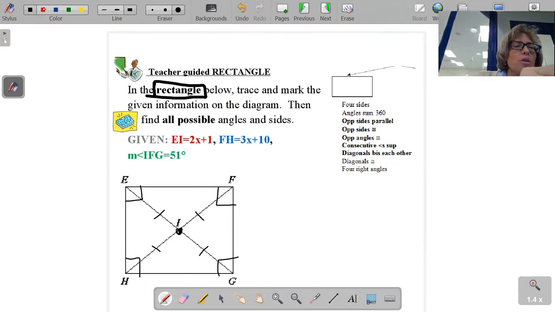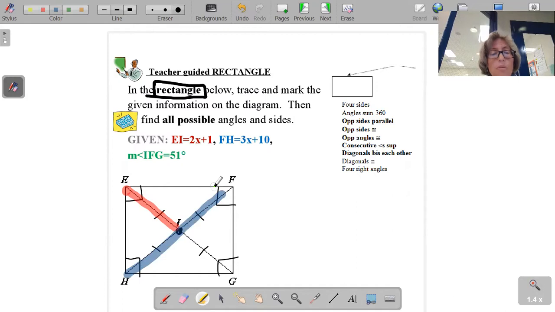Now we're going to label. E to I is 2x plus 1, and F to H, the blue, is 3x plus 10. And then the last is angle IFG.